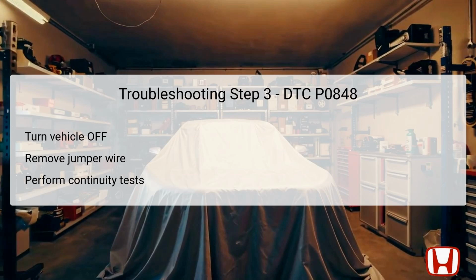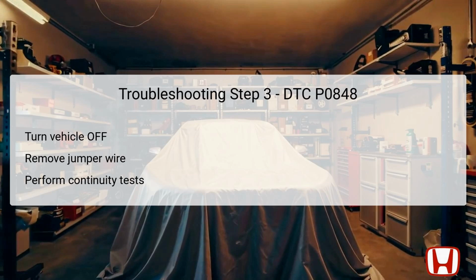Again, begin by turning the vehicle off for safety. Remove the jumper wire used in the previous step. Following this, jump the SCS line with the HDS, allowing 1 minute for the system to stabilize. Next, disconnect the PCM connector B51P to enable an accurate continuity test.